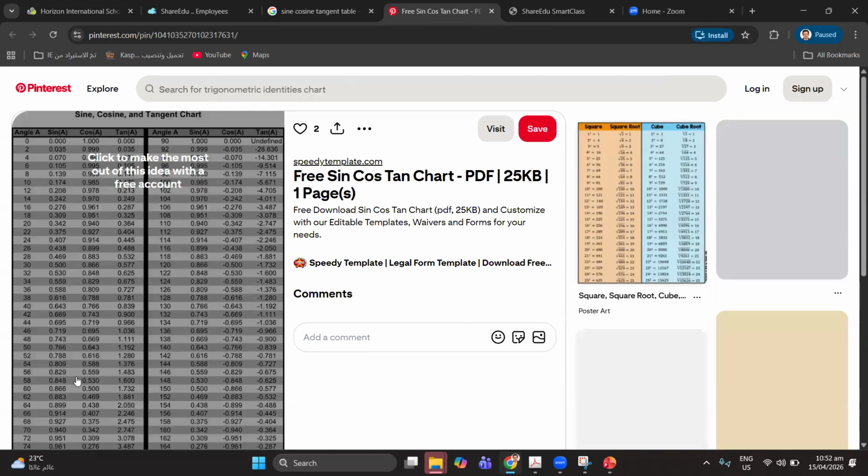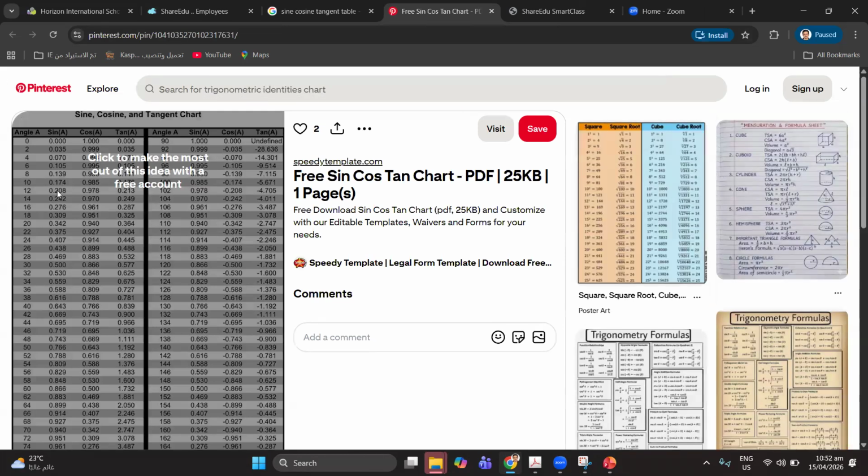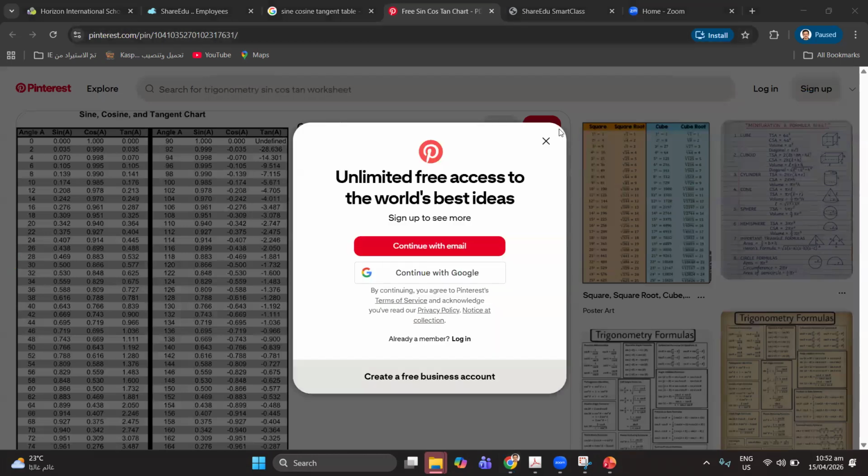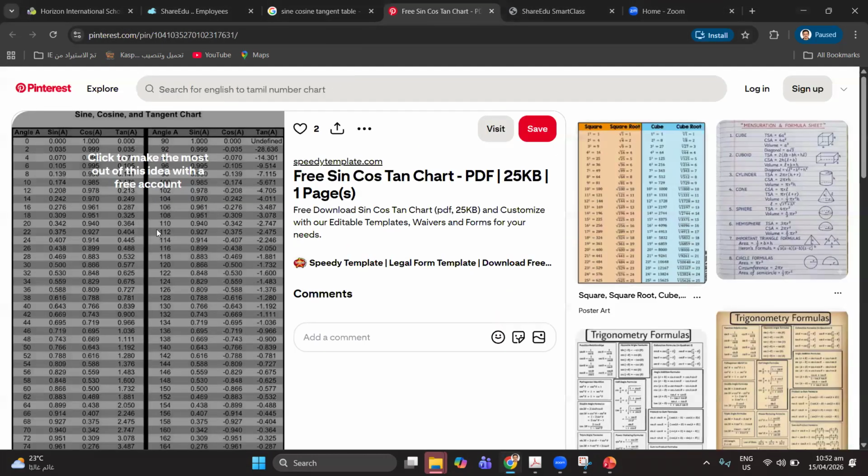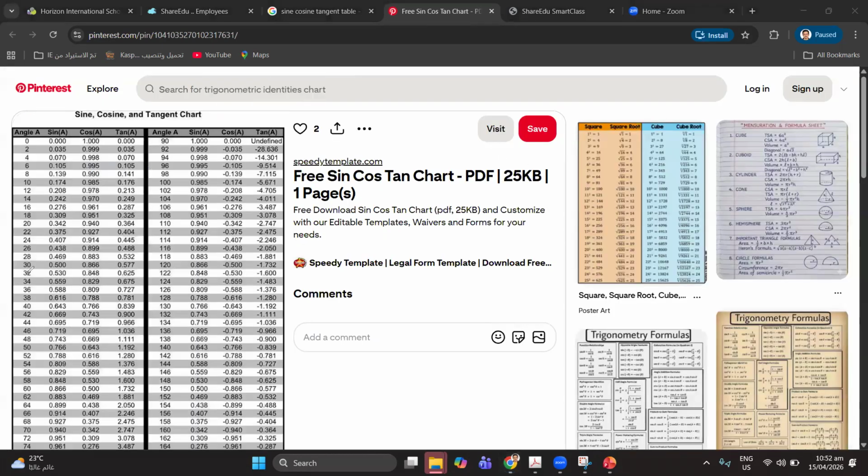As an example, for 42: sine of 42 is 0.669, cosine of 42 is 0.743, and tan of 42 is 0.9. As I told you, the calculator was not allowed, so they give us this table chart in order to find the sine, cosine, and tan for the angles.